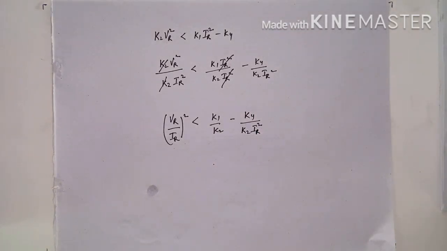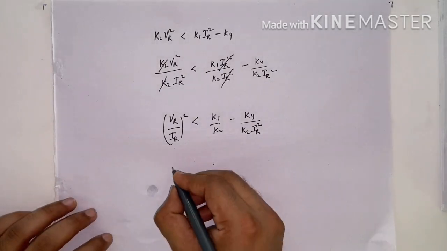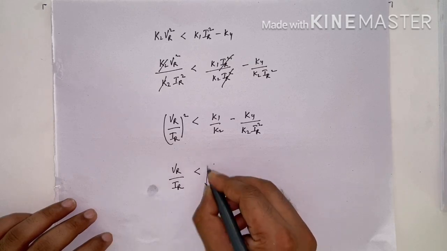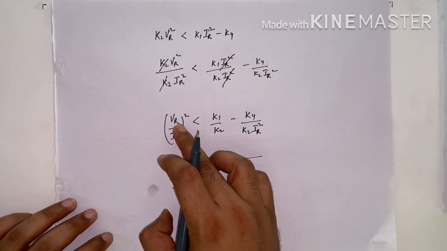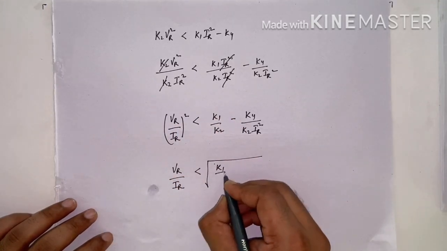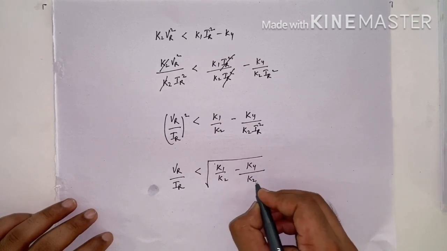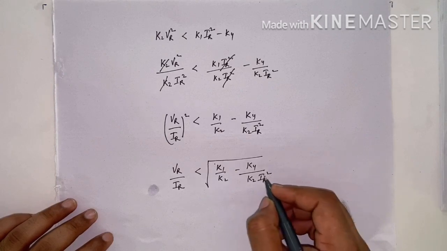If we simplify again, taking the square root, we get V_R/I_R < √(k1/k2 − k4/(k2 I_R²)).